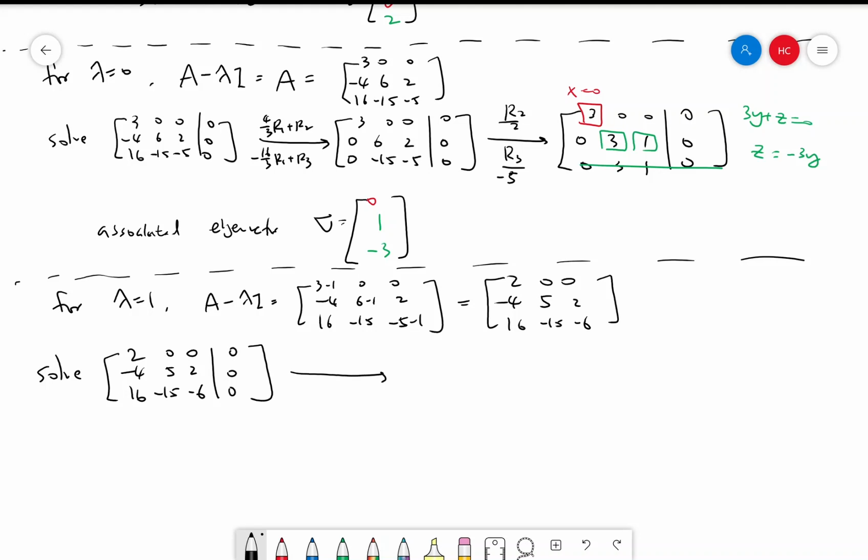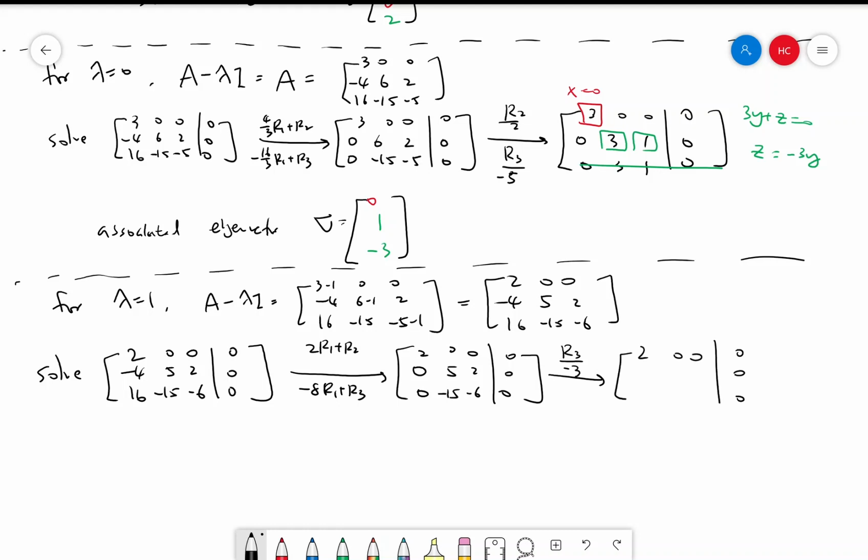Let's kill the negative 4 and 16 again. So 2R1 plus R2, negative 8R1 plus R3: 0, 5, 2, 0, negative 15, negative 6. And let's divide R3 by negative 3: 0, 5, 2, 0, 5, 2 again.